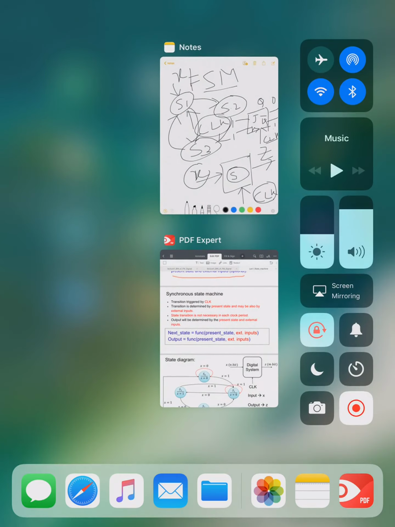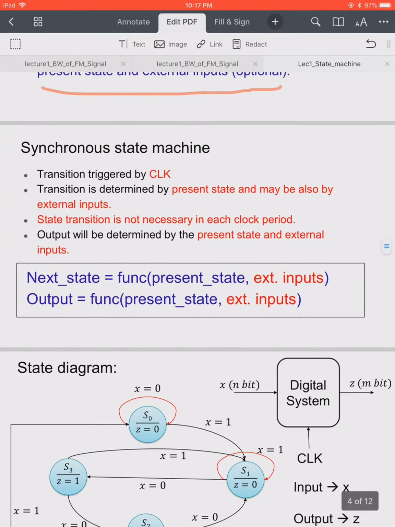So let's see. The transition is determined by the present state and maybe also by the external input. I say maybe because external inputs are optional for defining a state machine.